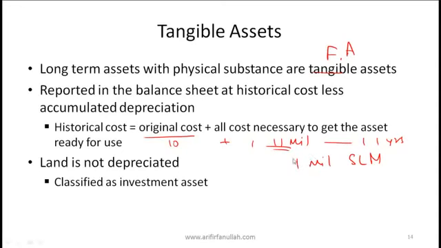But just to give you an idea, at the end of year 1, if we've depreciated 1 million, then the book value of the asset will be 10 million. 2 years later, the book value of the asset will be further reduced by 1 million down to 9 million, and so on. Land typically is not depreciated because it is classified as an investment asset.